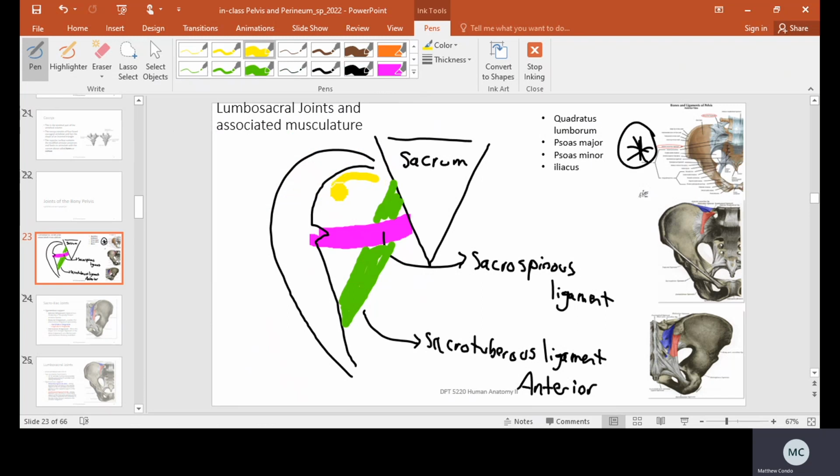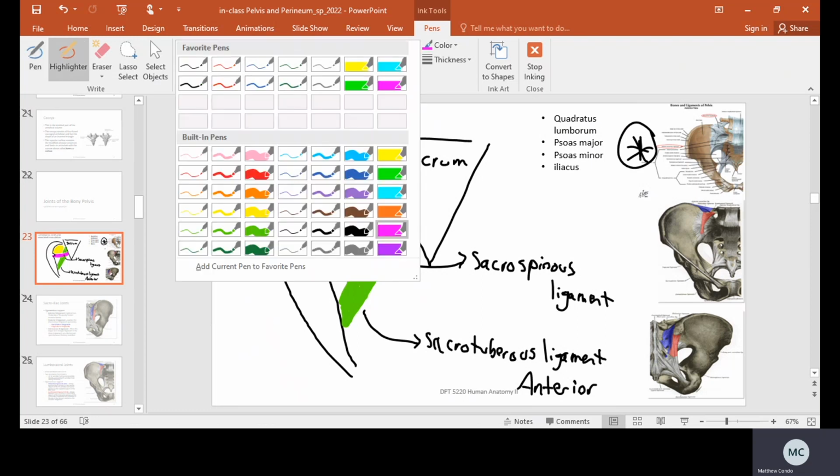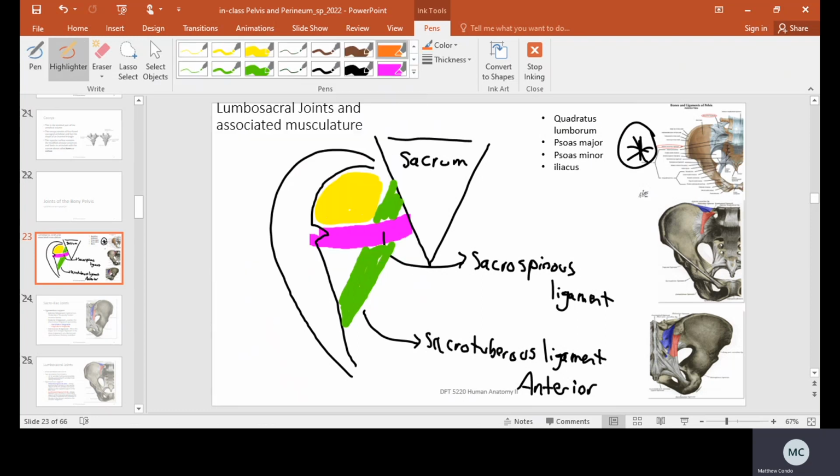So here's what we have. We have two areas of space, or, as I like to call them, two holes. We already know what the word for hole is in anatomy. So what we're going to see here is the greater sciatic foramen.